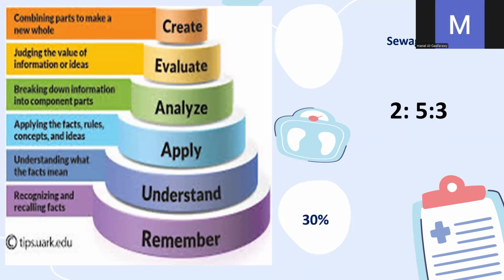In other words, 30% of the questions should focus on knowledge, understanding, and remembering, or be easy, while 50% of the questions should target application, a problem students solve, or that students apply a specific rule they studied, and 20% of the questions address the creation or evaluation levels. In other words, they have to be difficult.